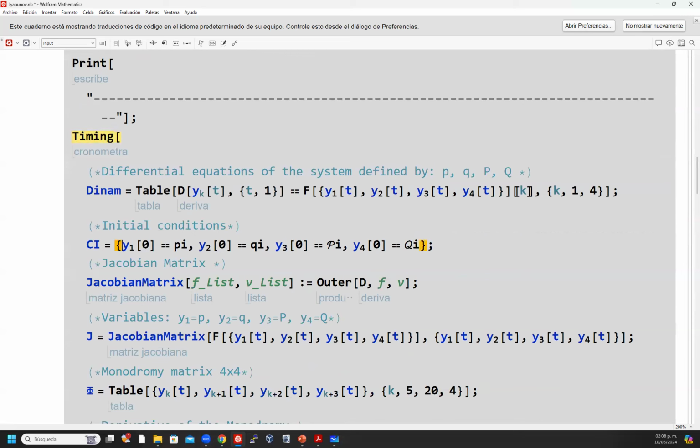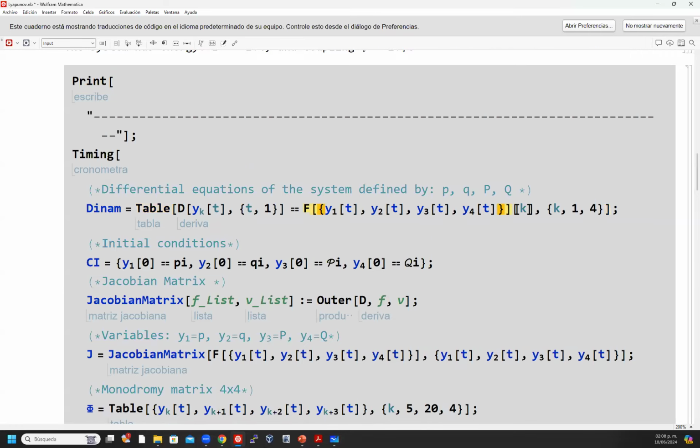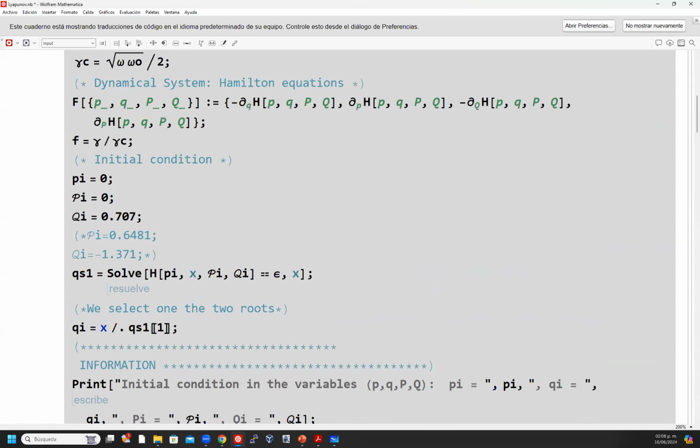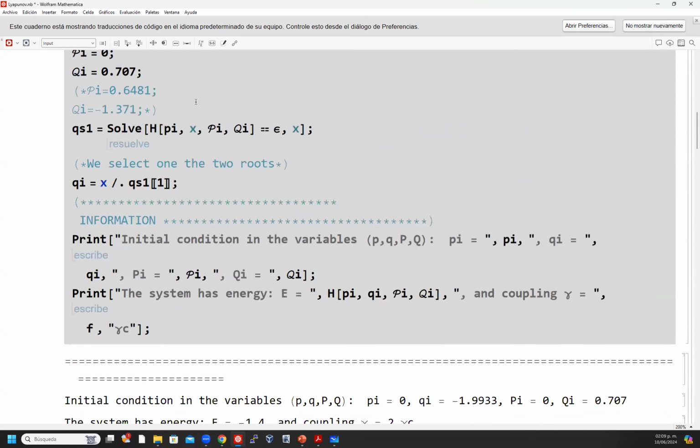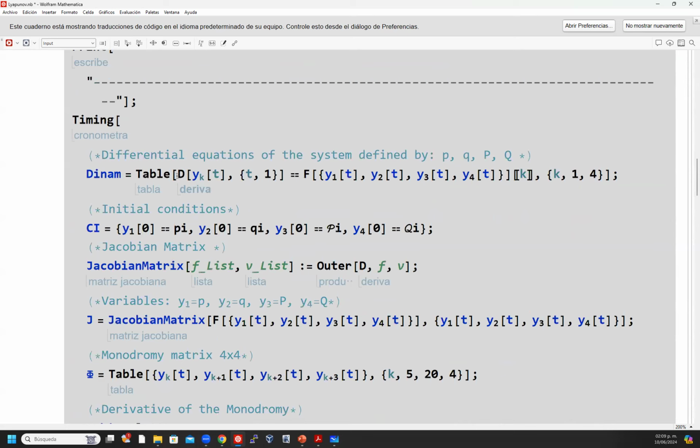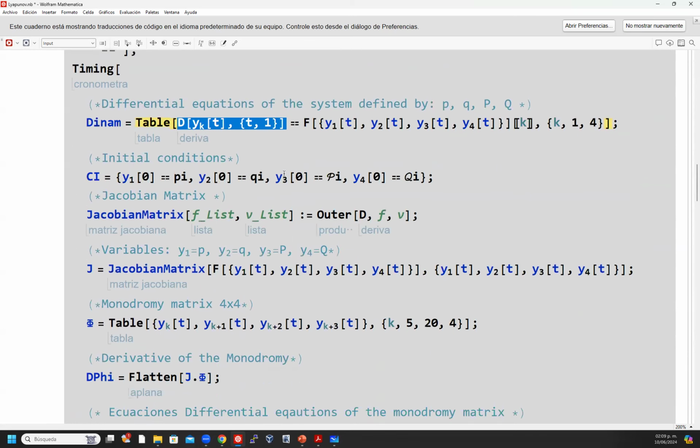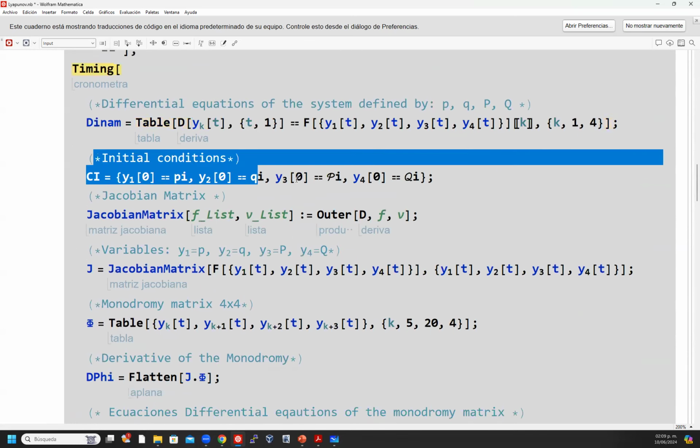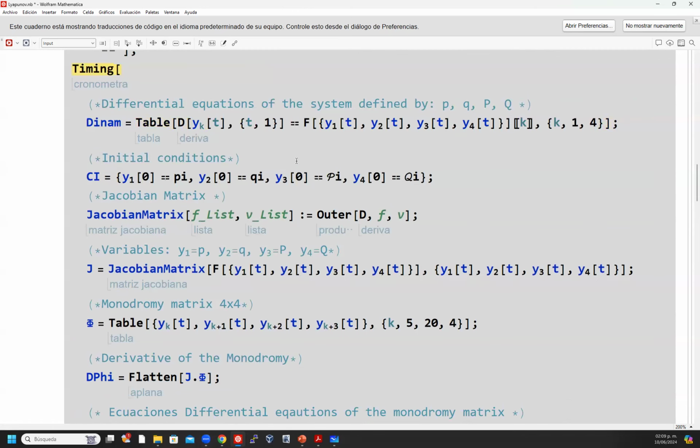The first part is to write the dynamical system, I mean the Hamilton equations, that I call F. So F contains all the information of the four Hamilton equations. In this part, I write P prime, Q prime, capital P prime, and so on. I define my initial conditions in this part.